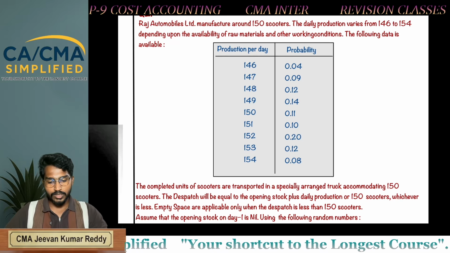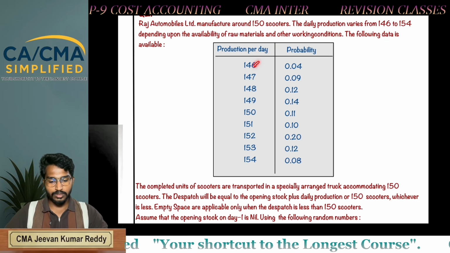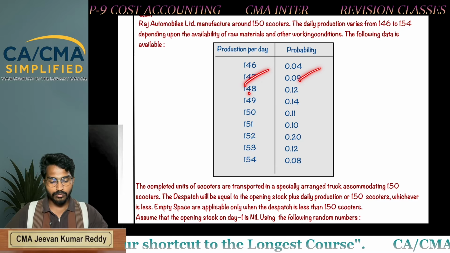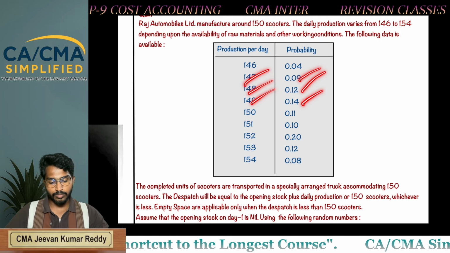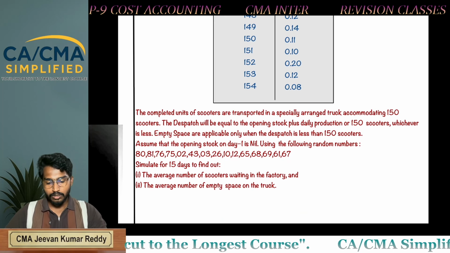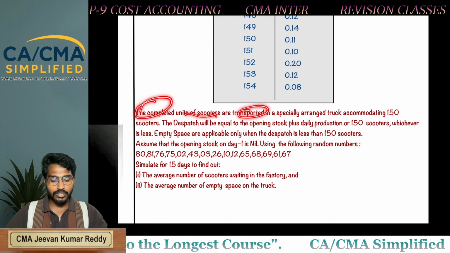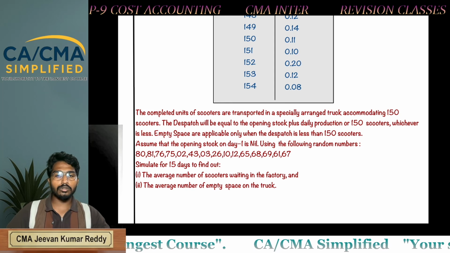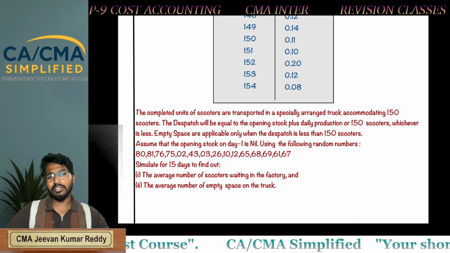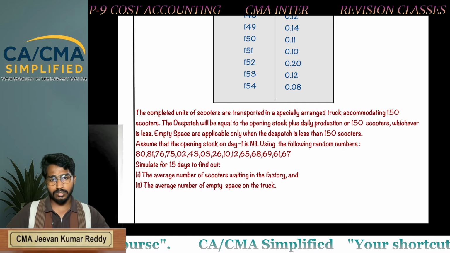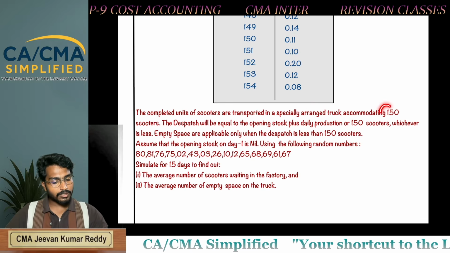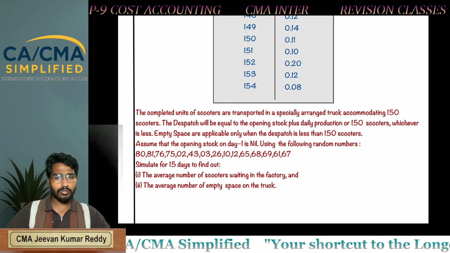Next, production per day is given: 146 with probability 4%, 147 9%, 148 12%, 149 14%. Now the completed units of scooters are transported in a specially arranged truck, to the godowns or retail selling stations. The space available in the truck is 150 scooters.